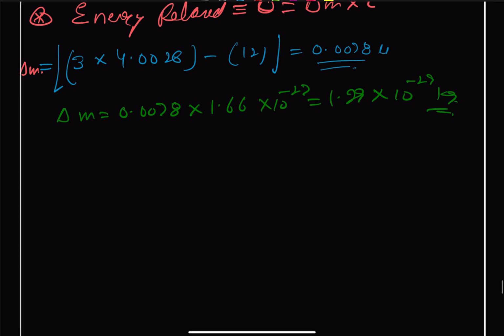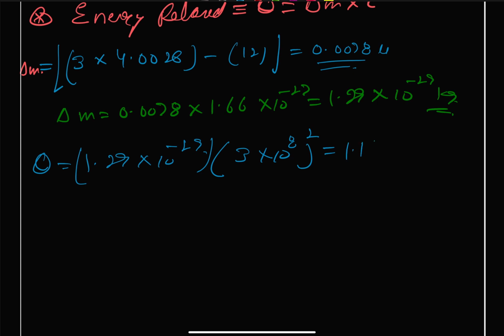Now we can find our Q. So Q will be equal to 1.29 into 10 to the power minus 29 times 3 into 10 to the power 8 whole squared, and this comes as 1.16 into 10 to the power minus 12 joules.